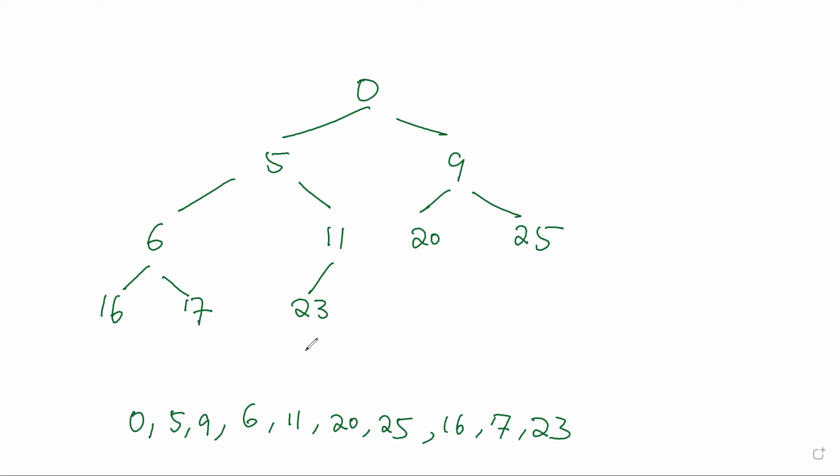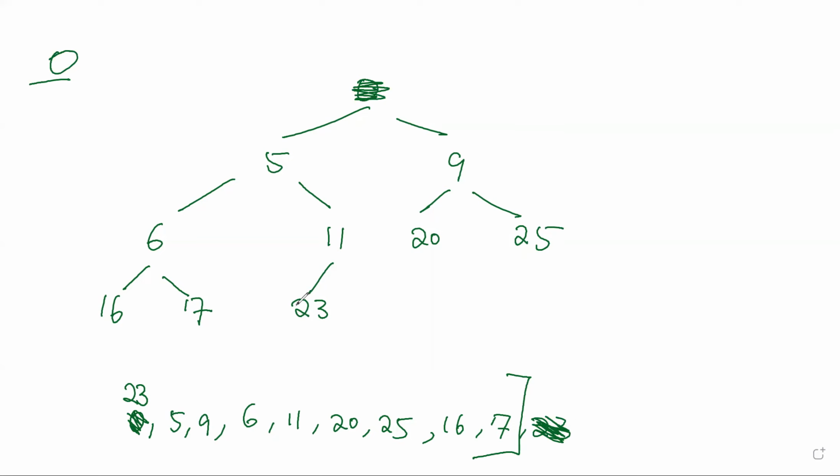We are going to remove 0. So 0 is removed, and what the algorithm says is to bring the last one to the first. So 23 is going to be here, and 23 is gone from the end, and your range is decreased by 1.